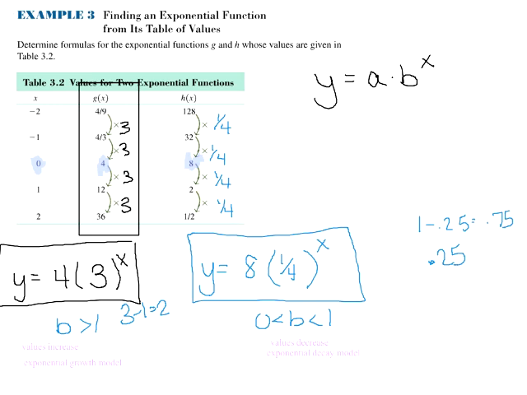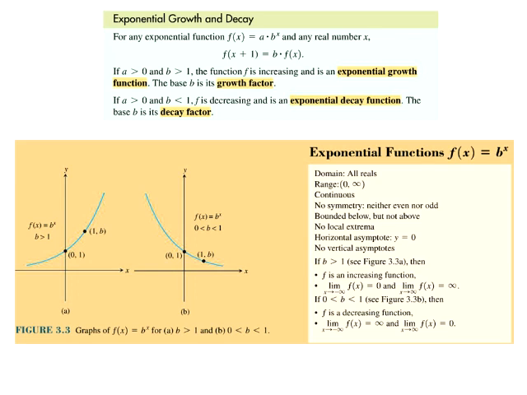So if I needed an actual growth rate or decay rate for your models, you subtract your base from 1 or add to your base from 1, depending on if you're increasing or decreasing. And again, that is just your growth or decay rate. It's how fast or how slow something is increasing or decreasing by.